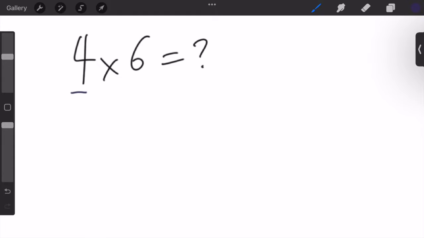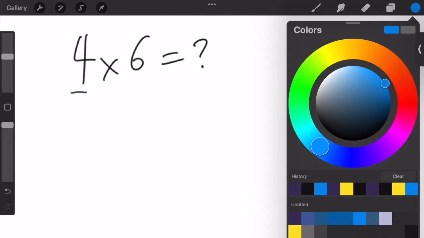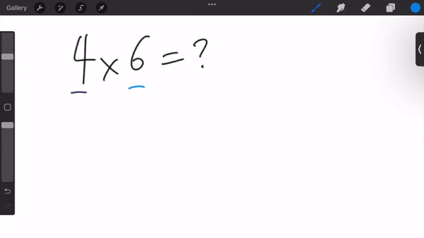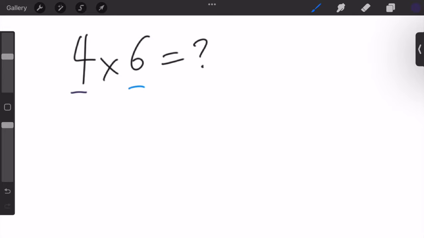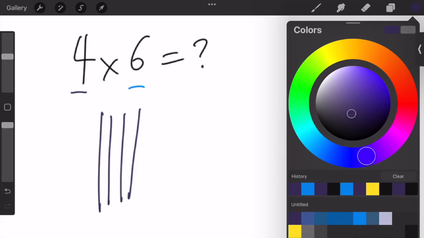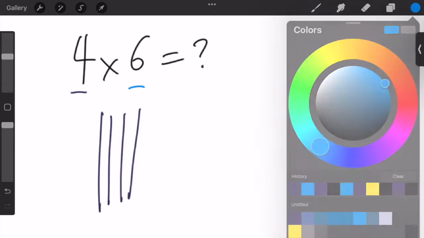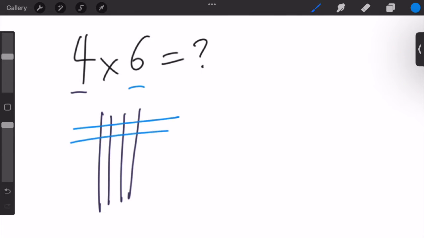Okay, so here you can see we have the number 4 times 6. Our first step in this problem would be to write out vertically 4 in the ones column, right? And then our next step would be to write out 6 horizontally.